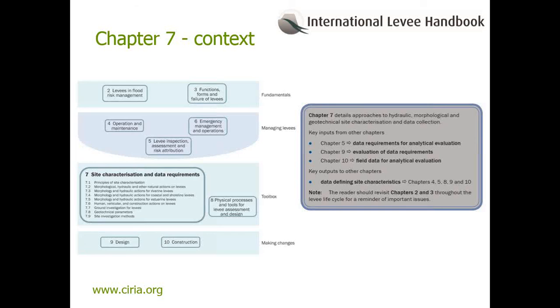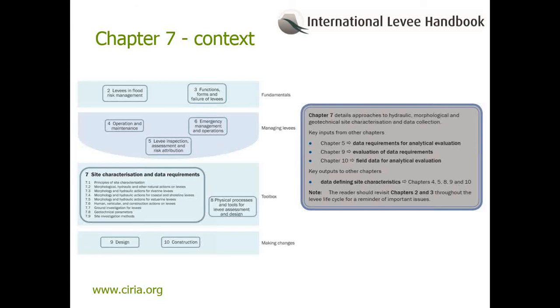Section 7.6 is a short section considering the human interaction on levees, and sections 7.7 to 7.9 consider the characterization of the ground with the emphasis on site investigation. Andy will be dealing with sections 7.2 to 7.5 covering the hydraulics, and I will cover the rest.